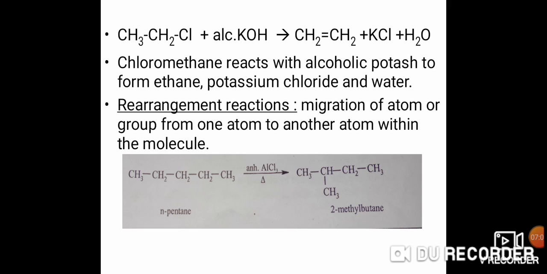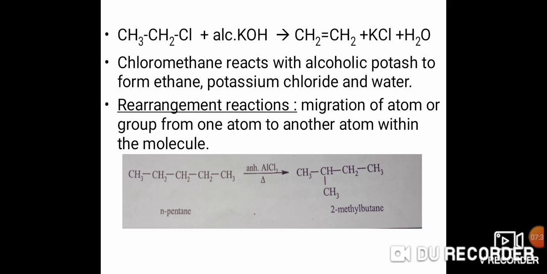And the fourth type is the rearrangement reaction. Here we see the migration of an atom or a group of atoms from one carbon to another carbon within the same molecule.